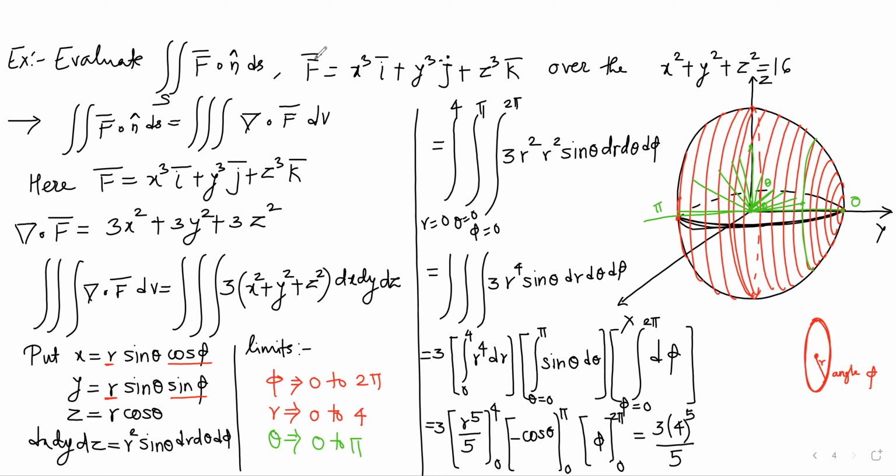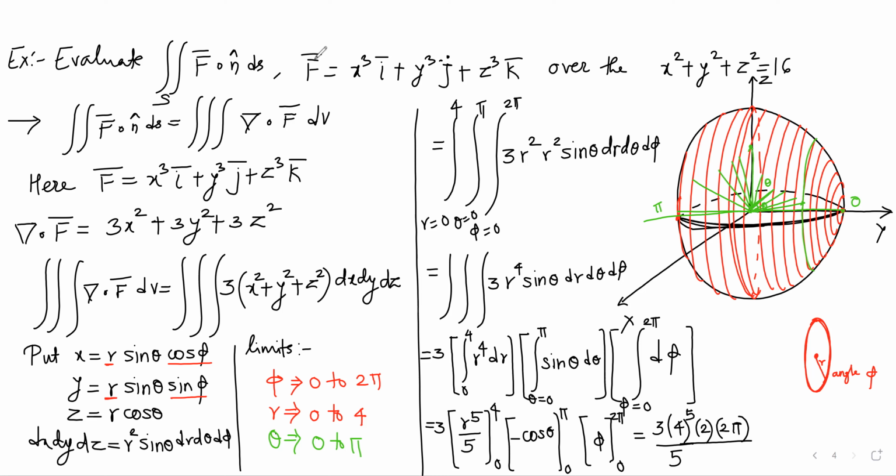Cos pi is minus 1 and cos 0 is 1. So minus of minus 1 minus 1, that is plus 1. So it becomes 2. And here it is 2 pi. Correct. So when you multiply all of them, you'll get the final answer.